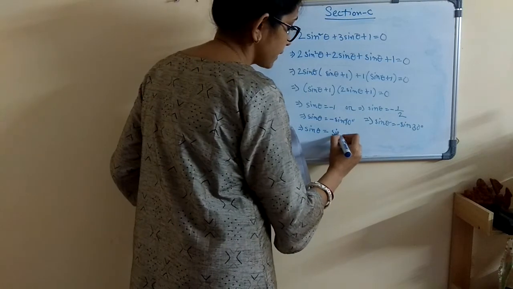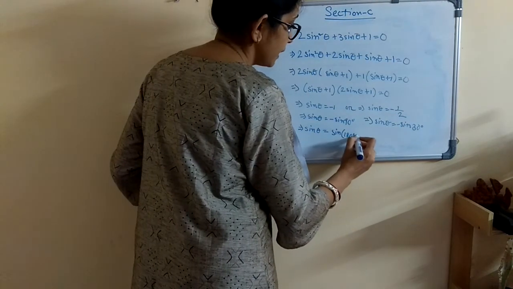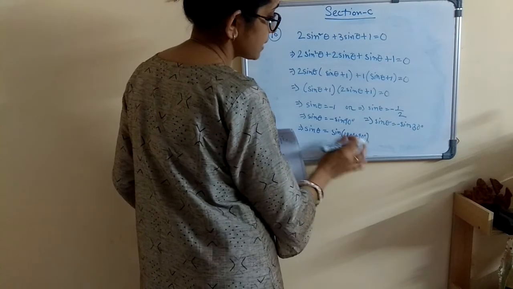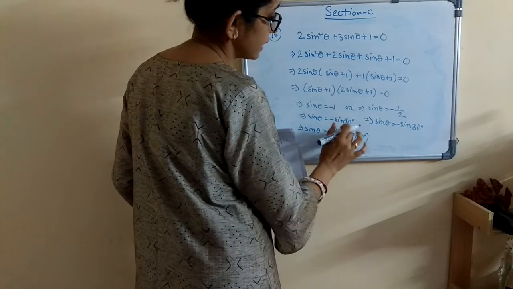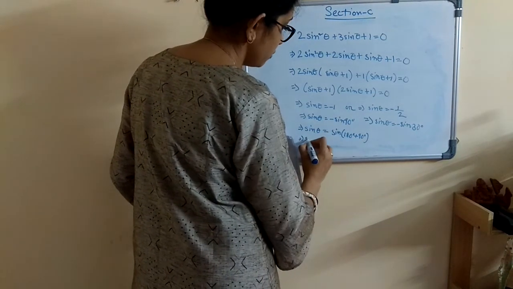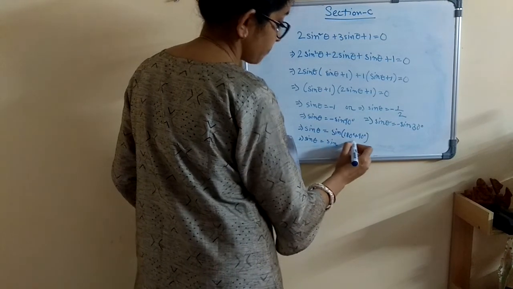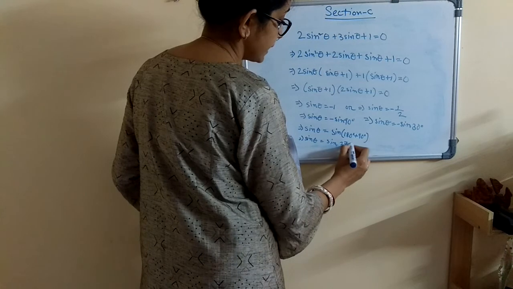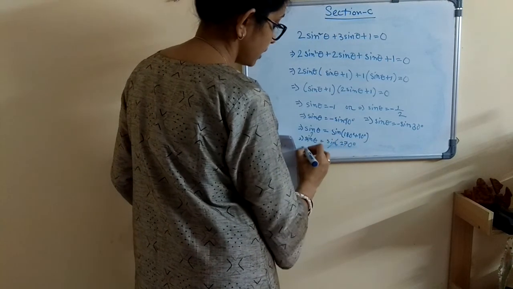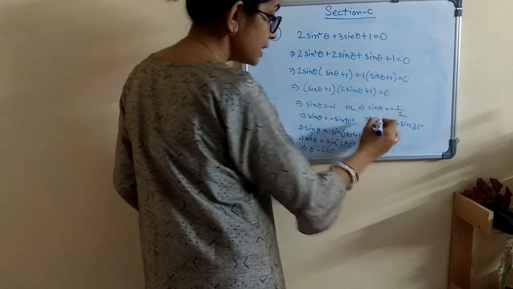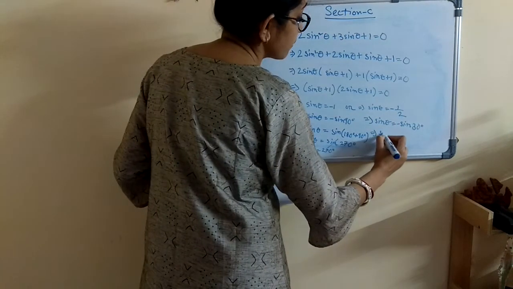So from there we can write 180 plus 90, because sin(180 + theta) is equivalent to minus sin theta. So now sin theta is equal to sine of what? 270 degree. Now we can cancel out and say that theta is equal to 270 degree. Similarly for this we will do it.